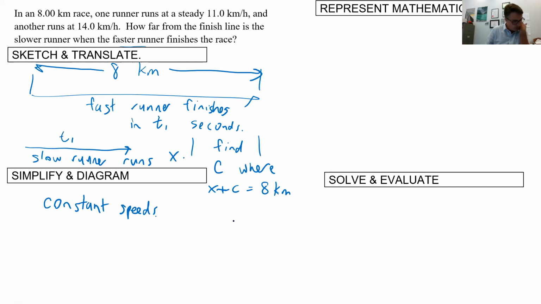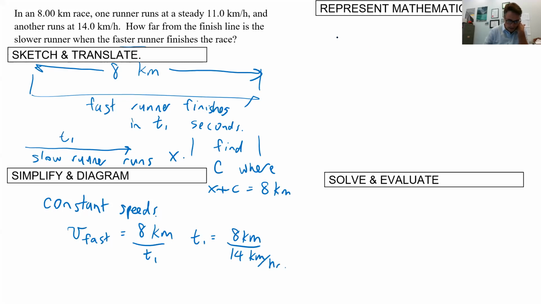So V of the fast is going to be 8 kilometers divided by T1. So T1 is equal to 8 kilometers divided by 14 kilometers per hour.